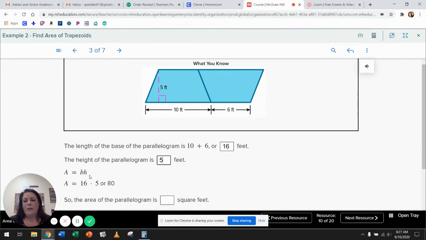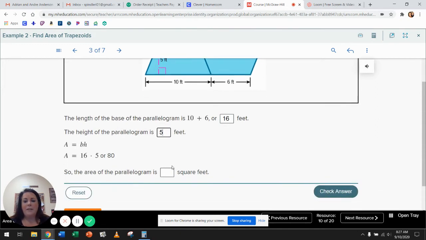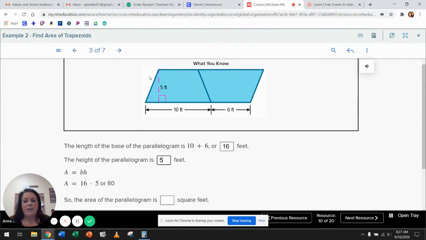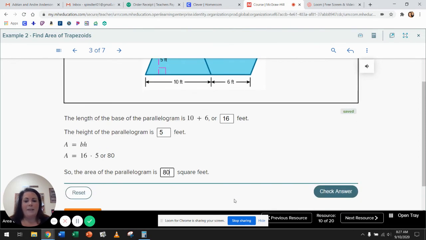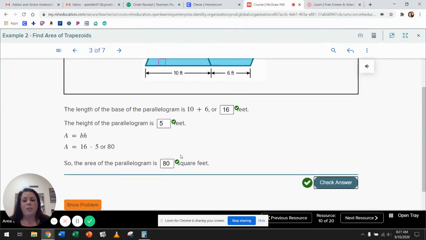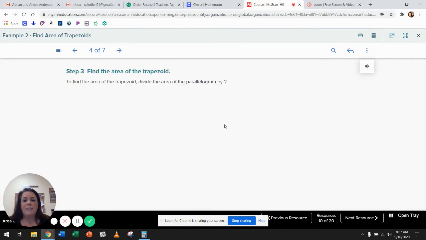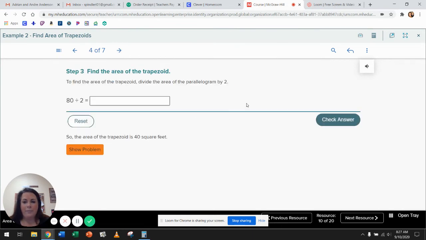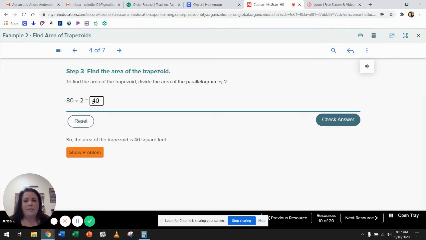So we want to do then 16 times 5, which is 80. So the area of this parallelogram would then be 80 square feet. But remember, our trapezoid is only 1/2 of that. So then we would divide by 2 to get the area of 40. So the trapezoid itself has an area of 40.